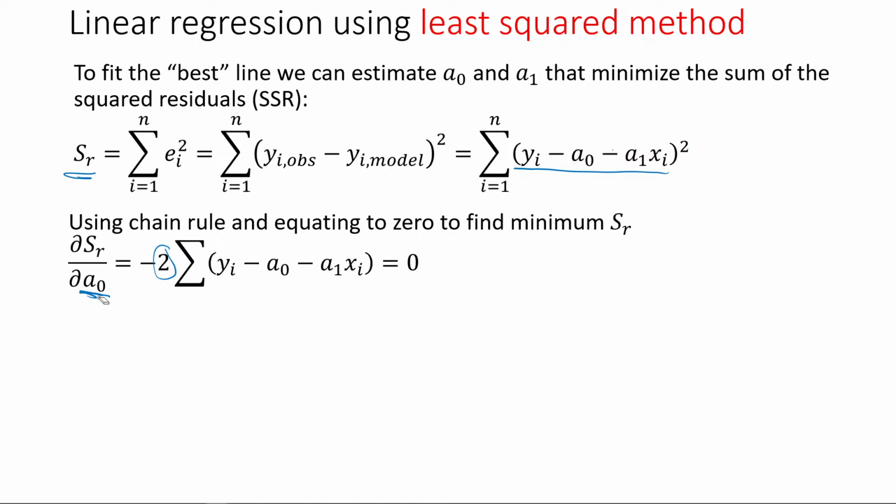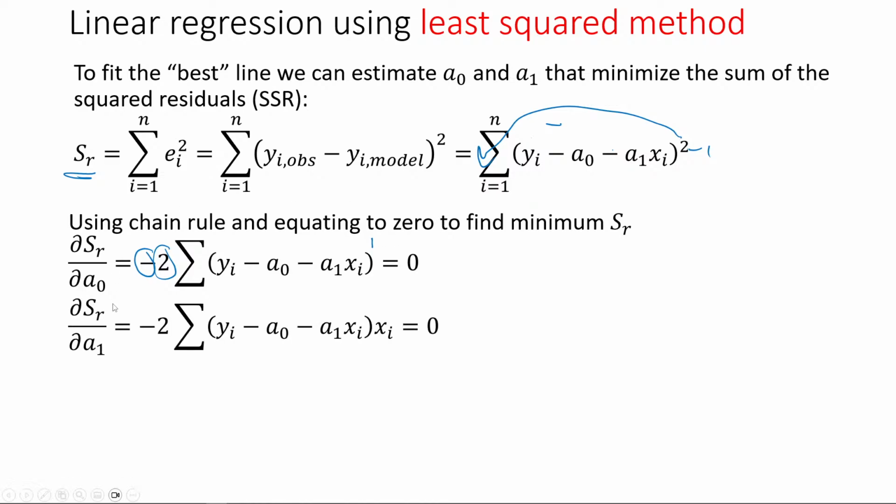The derivative of that constant goes away, and that gives you -1. The 2 comes down, and 2 minus 1 gives you this to the power 1. Then you equate this to 0.